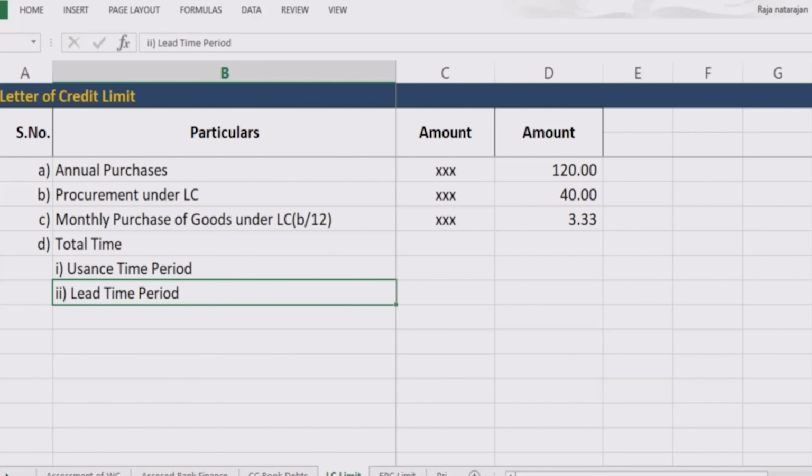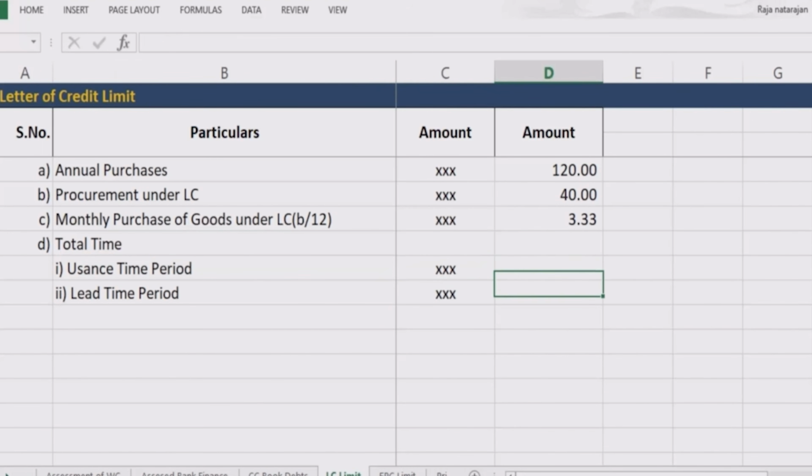Let's say the bank's customer has placed order with supplier and supplier is going to take 21 days for executing that order. So that's the lead time period. And usance time period is the credit period which he gives. Let's say, for example, lead time period, that is, if a customer makes an order today, the supplier will take 15 days to manufacture those goods, and supplier is also giving 45 days credit.